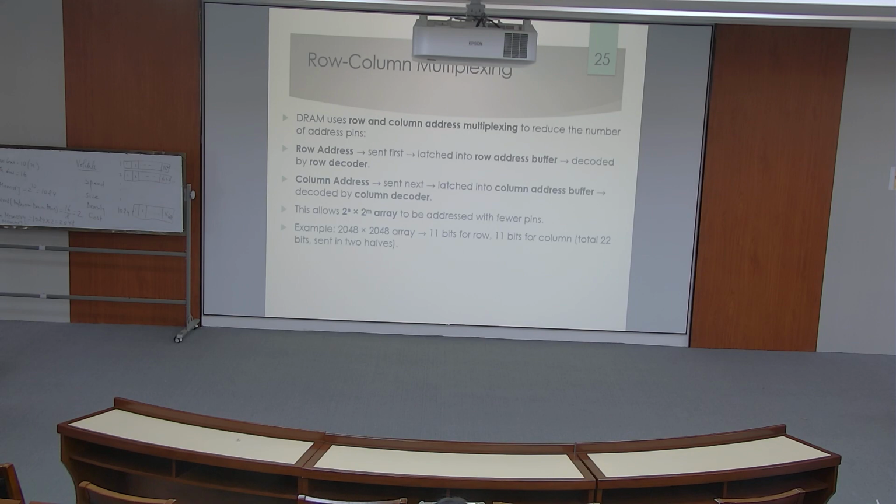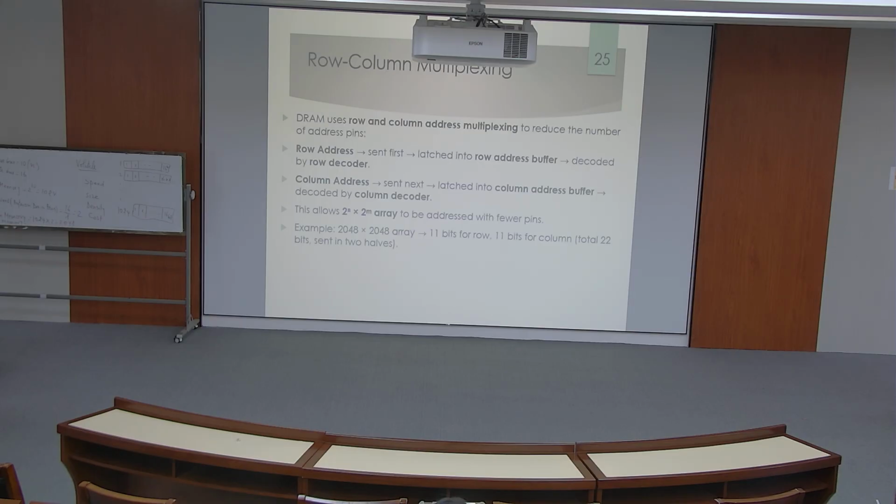Now, what does it do when it comes to row-column multiplexing? The DRAM has to use row and column address multiplexing to reduce the number of address pins. The row address has to be sent first, then it has to be latched into what we call the row address buffer, as depicted by the previous picture.